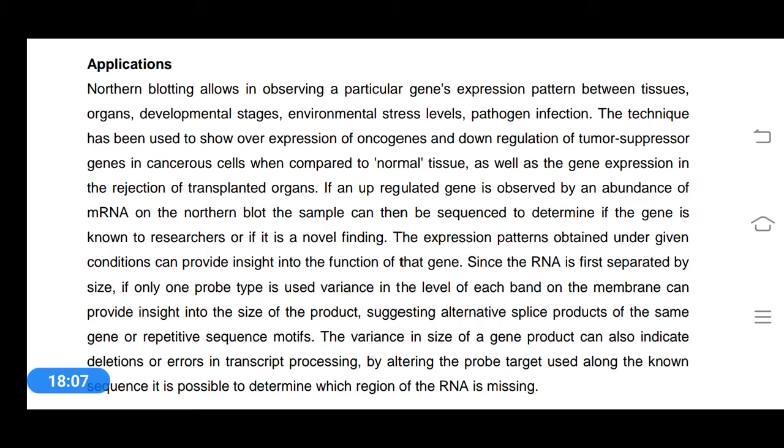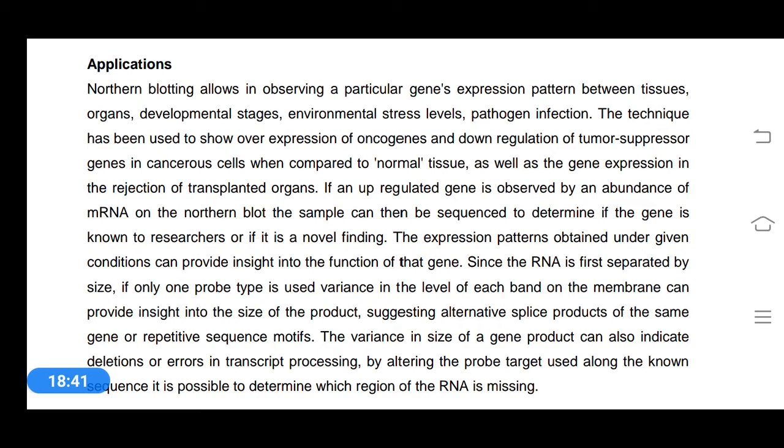So here RNA is first separated based on size. The probe type which is used, and the level of each band on the membrane, can provide insight into the size of the product. The variance in size of the gene product can also indicate deletions or errors in the transcription process.